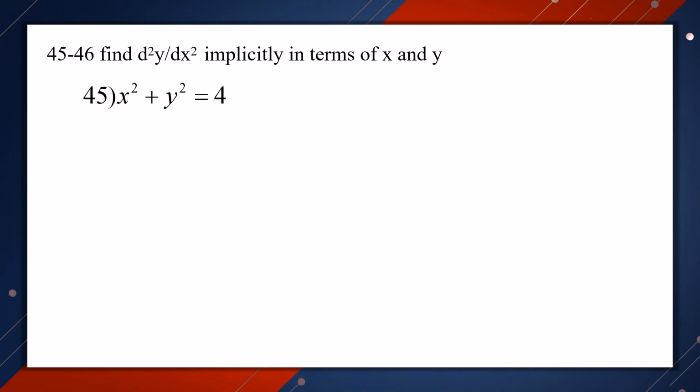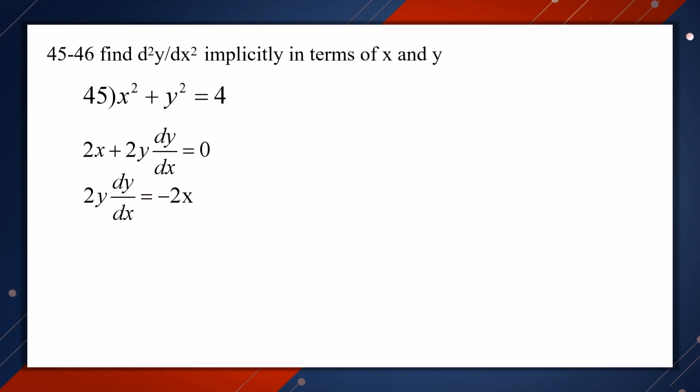The original equation of question 45 is x to the power of 2 plus y to the power of 2 equal to 4. And we just do the first derivative first. We take the derivative on both sides, and the result is 2x plus 2y times dy over dx equal to 0.